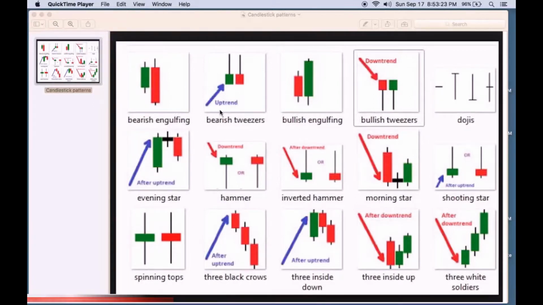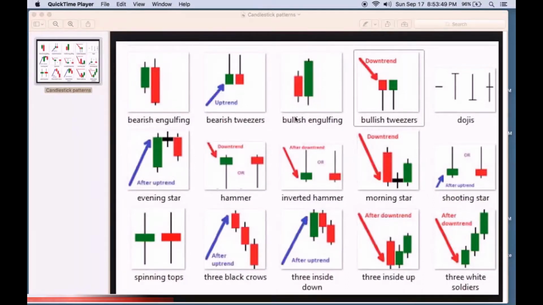But I want to teach you guys a little bit about them, so at least you have some kind of foundation on candlestick patterns. Since you've already learned about candlesticks and the data they provide, these candlesticks also form patterns that have been known to repeat themselves, and kind of give you a little edge on your analysis, right? So one I really want to focus on is this bearish engulfing.